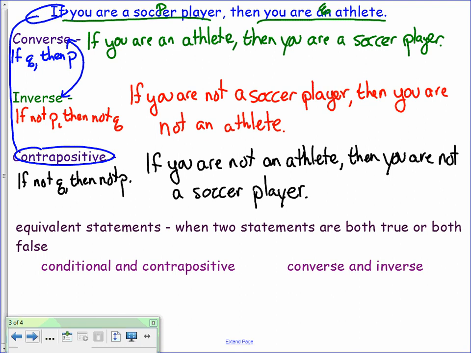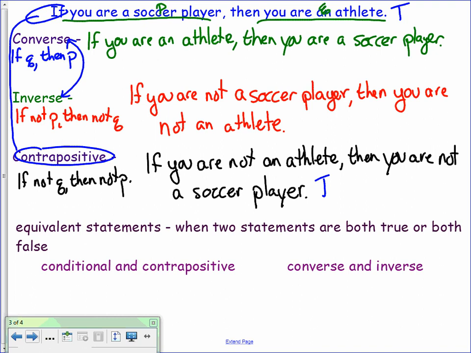Now we're talking validity of statements. If you are a soccer player, are you an athlete? Are soccer players athletes? Yes, that's true. If you are not an athlete, then you are not a soccer player. If you're not an athlete, can you be a soccer player? This is also true. So these are both true, which means they are equivalent statements.